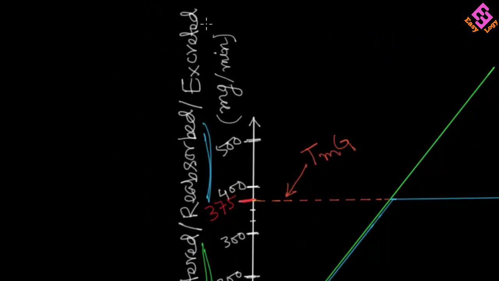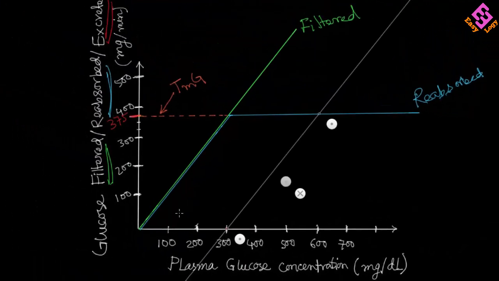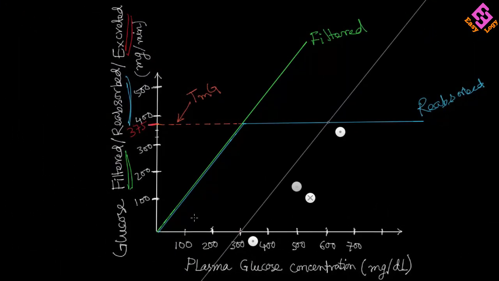The third curve is glucose excreted or excretion rate versus the plasma glucose concentration. Now, at low plasma glucose concentration, all the filtered load is reabsorbed, so glucose is virtually absent in urine.